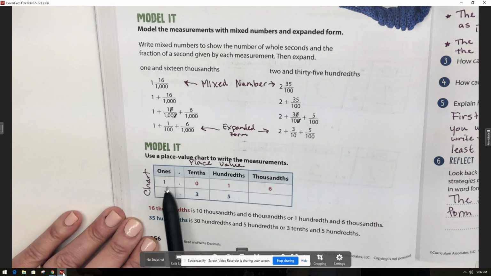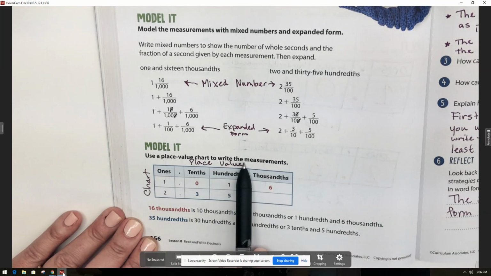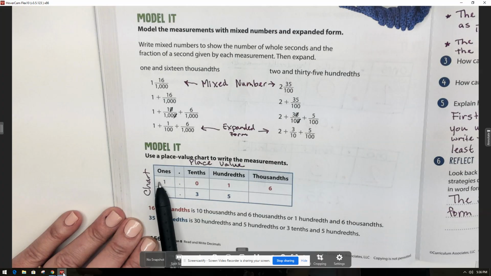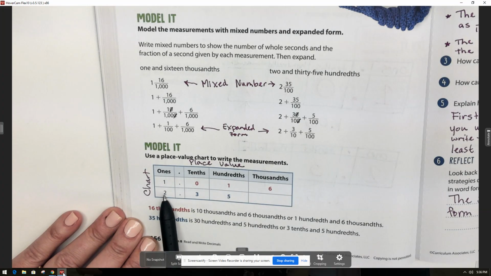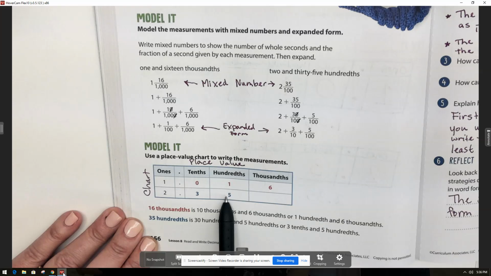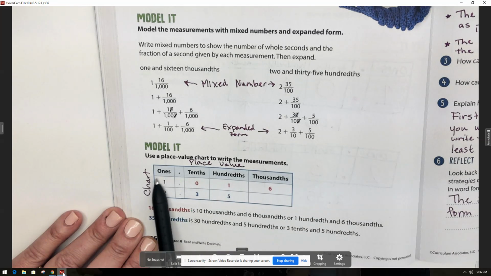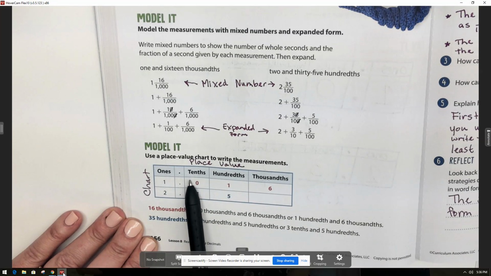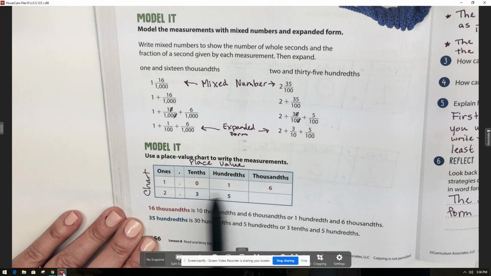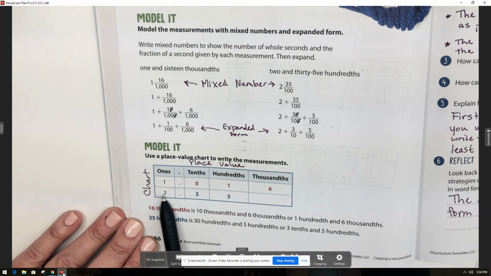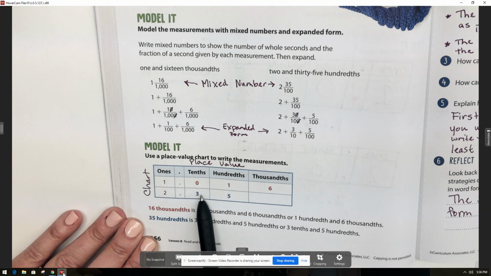We can also use the place value chart to write the measurements. 1 and 16 thousandths and 2 and 35 hundredths. We have the 1. We have no tenths. We have 1 hundredth and 6 thousandths. And then here we have 2 ones, 3 tenths, and 5 hundredths.